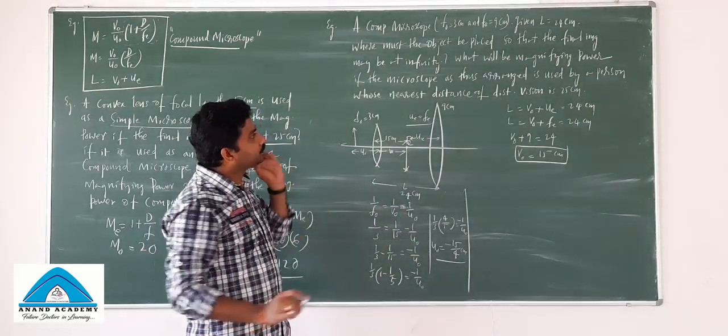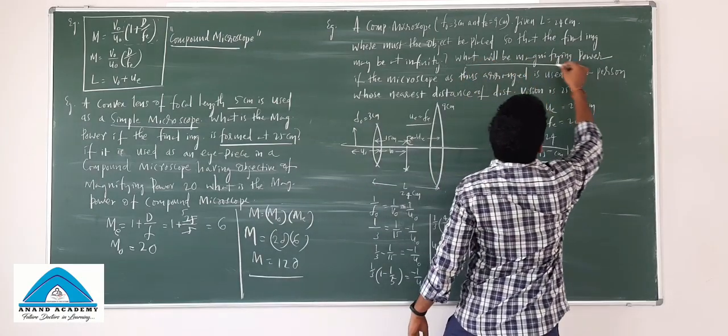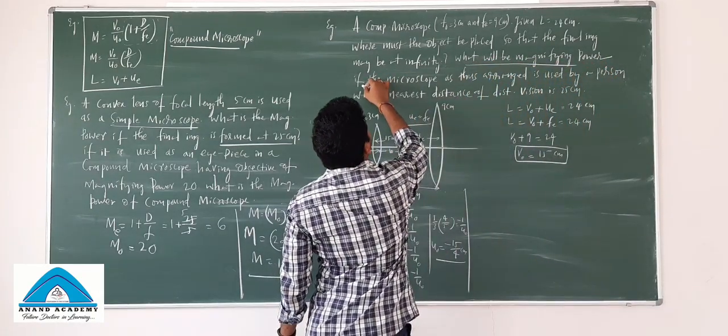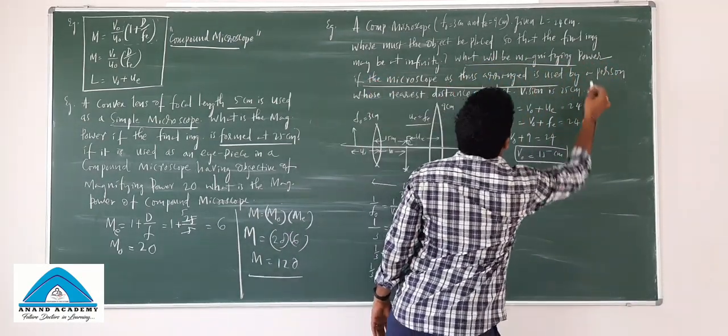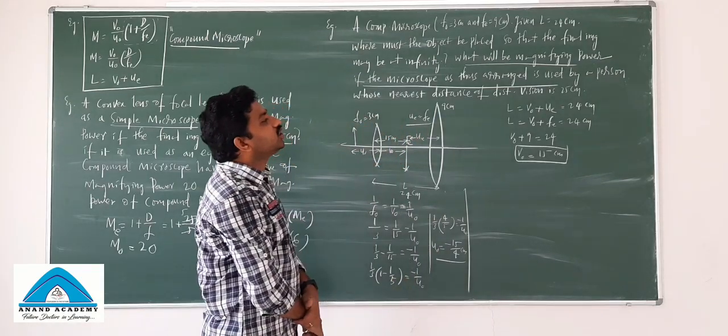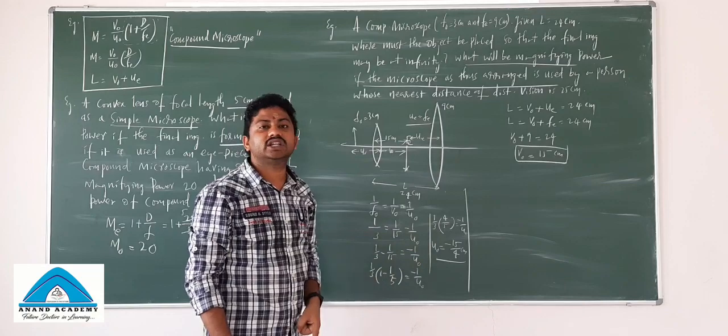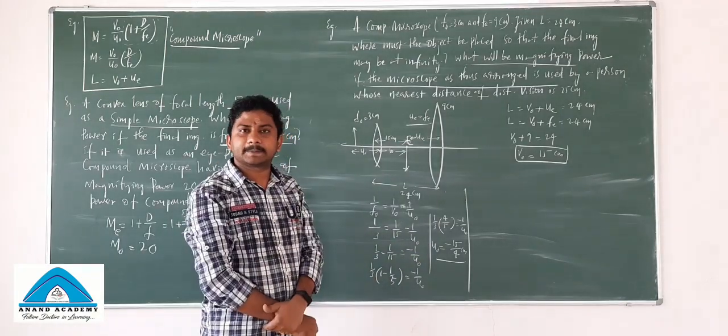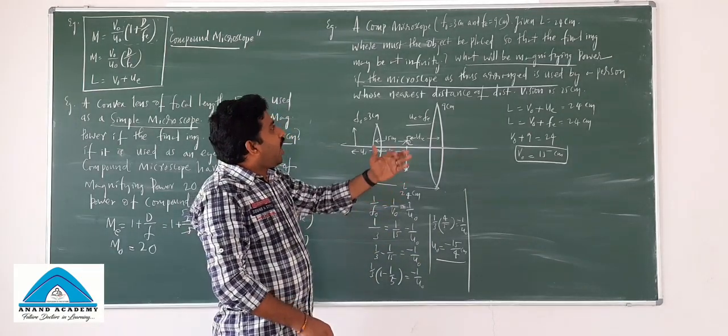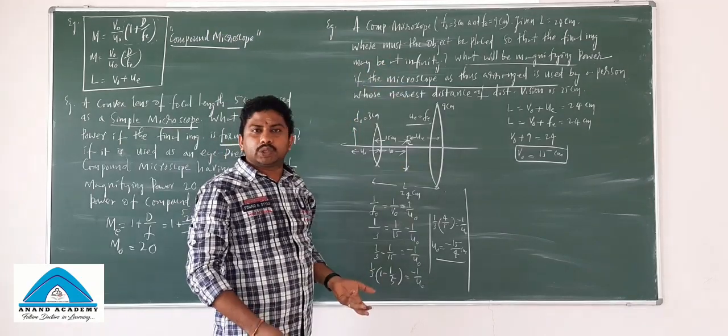Fine. Now, what will be the magnifying power if the microscope as thus arranged is used by a person whose nearest distance of distinct vision is 25 centimeters? The image is formed at infinity only.